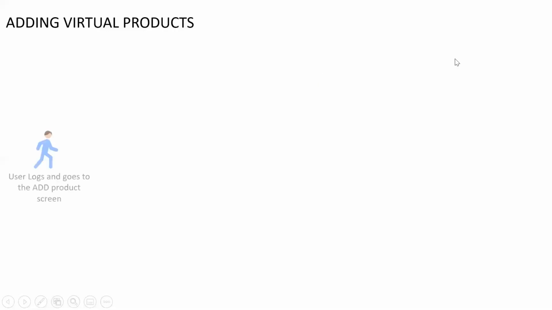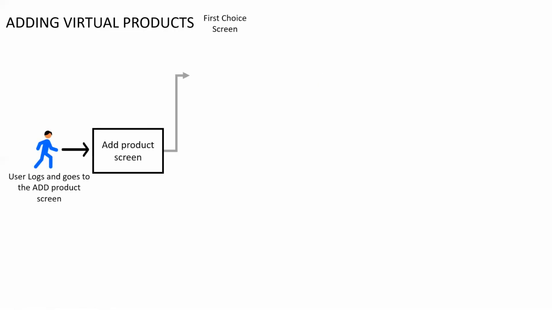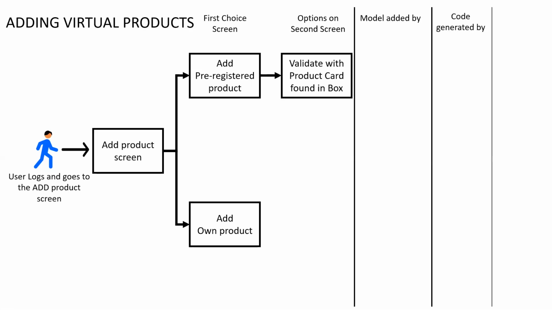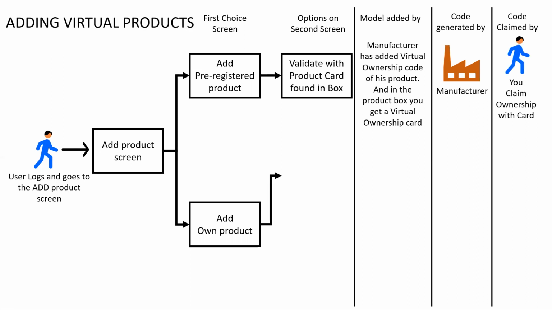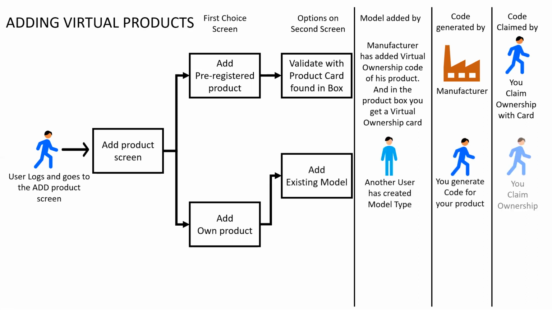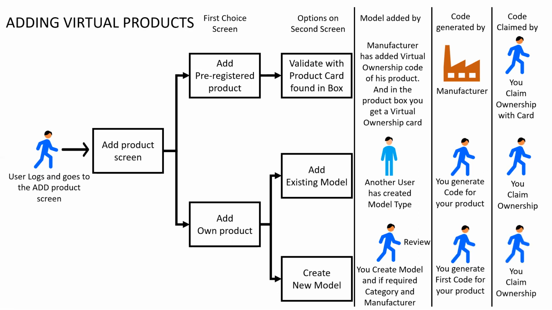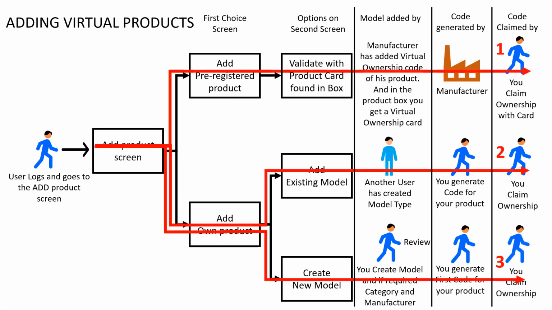In this video, we are going to look at process number 3, which is adding a model and then creating a virtual ownership. So we are going to look at this process 3, which is shown here. Let me clarify.